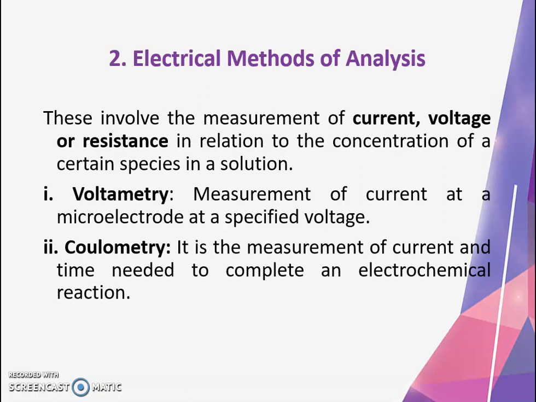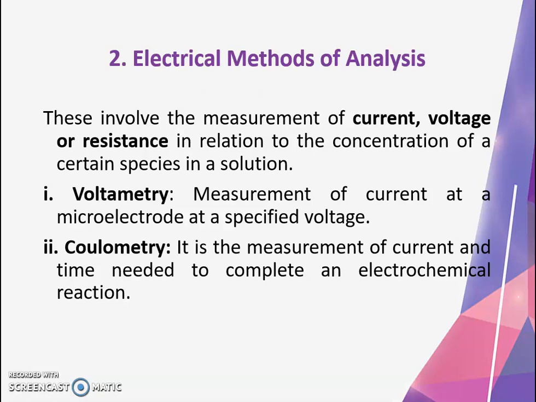Titrimetric and gravimetric, these are chemical methods of analysis. Next are electrical methods of analysis. These involve the measurement of various electrical properties like current, voltage or resistance in relation to the concentration of a certain species in a solution. First is voltammetry.